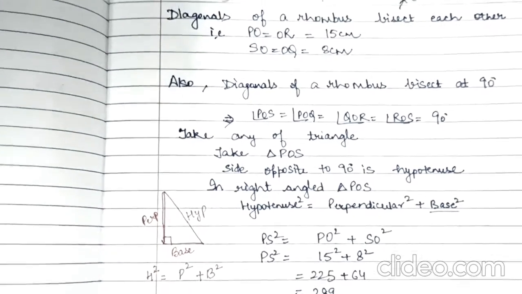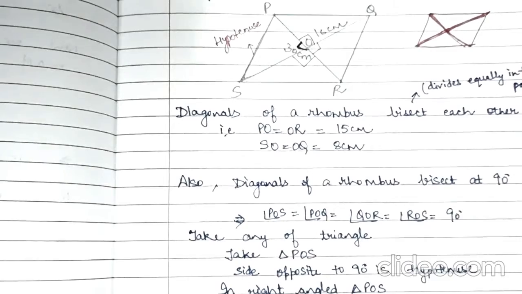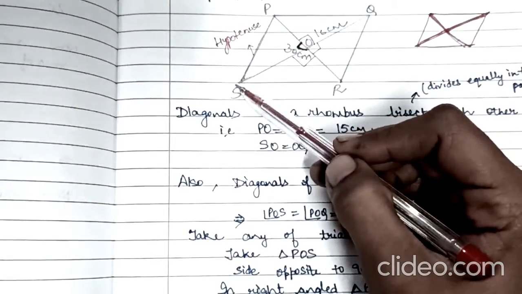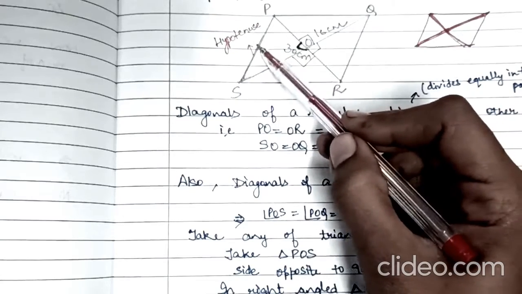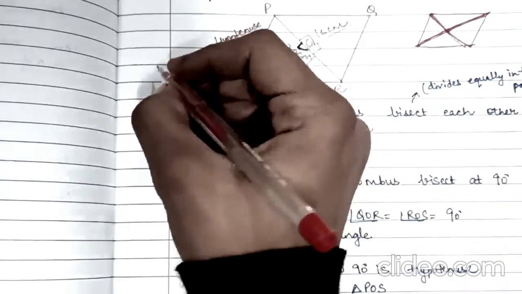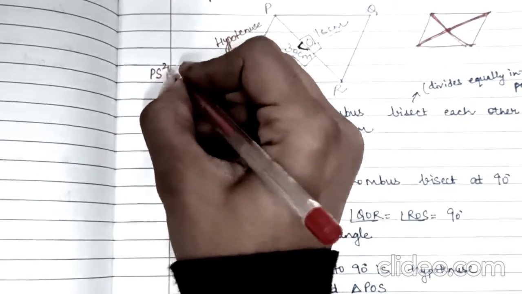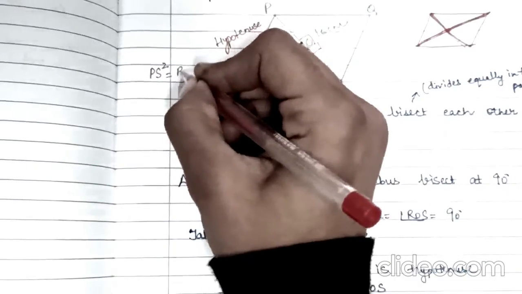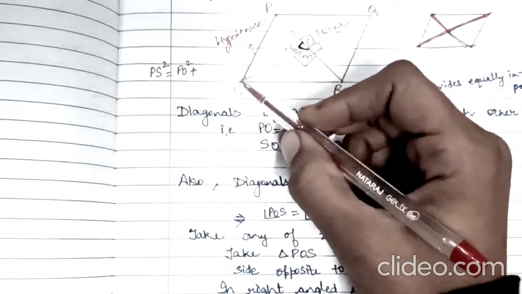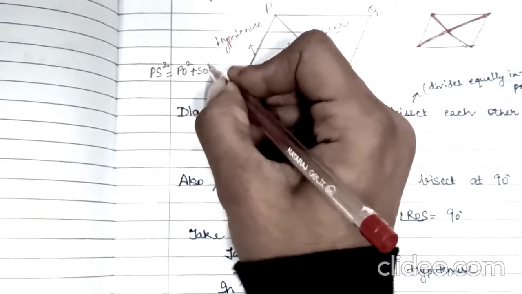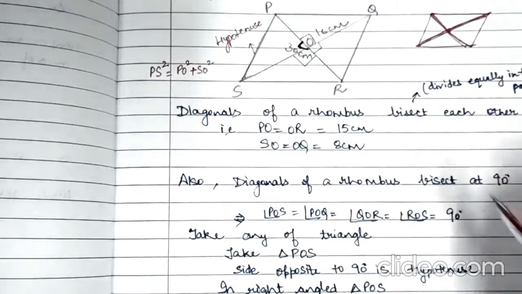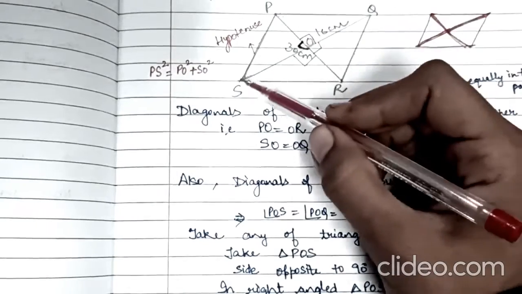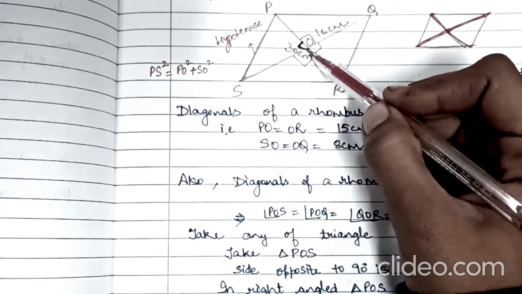So if we apply the Pythagoras theorem in this triangle, the side opposite the 90 degree is PS. So we will write PS square is equal to PO square plus SO square. Now PO is 15 centimeter and SO is 8 centimeter.